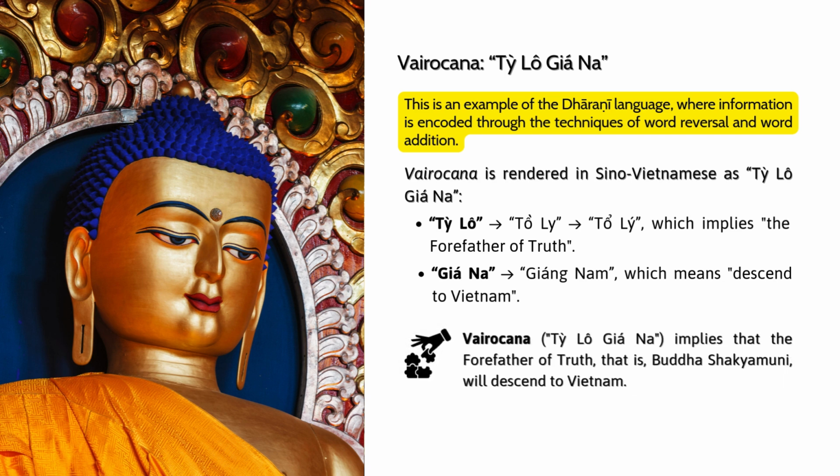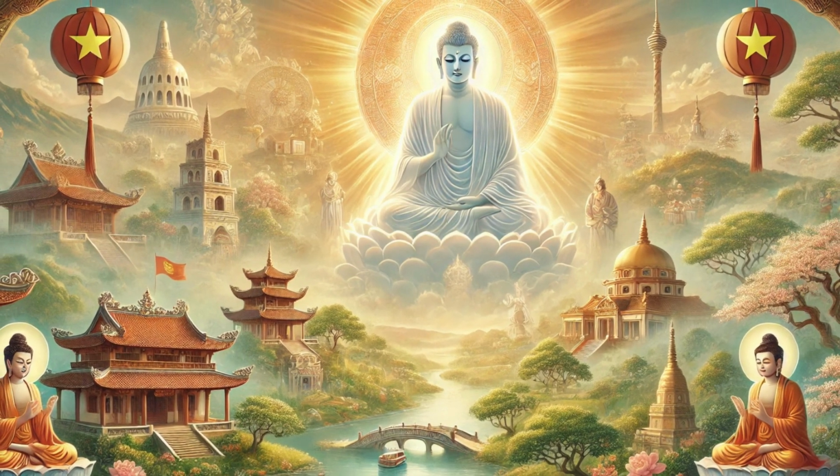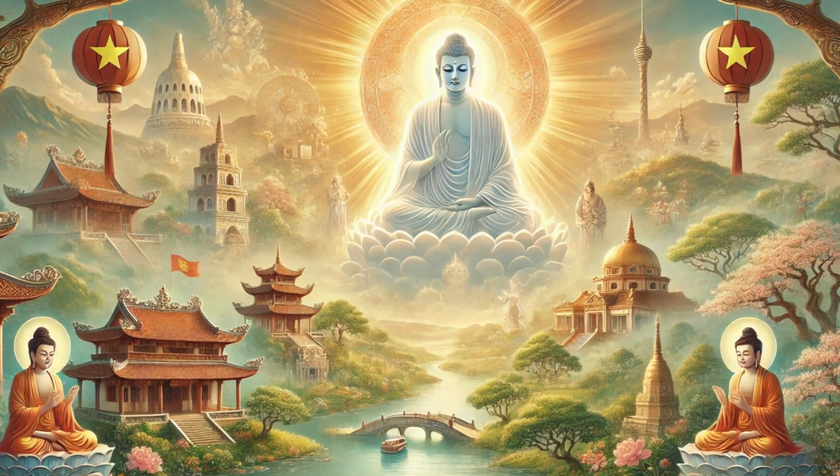Thus, Vairocana, Ti Lo Jia Na, implies that the forefather of truth, that is, Buddha Shakyamuni, will descend to Vietnam. This is a heavenly secret and also the preordained plan of the Supreme God, but it has been encoded and concealed by the enlightened beings through their unique encryption techniques.